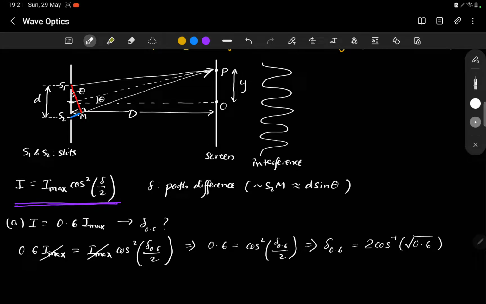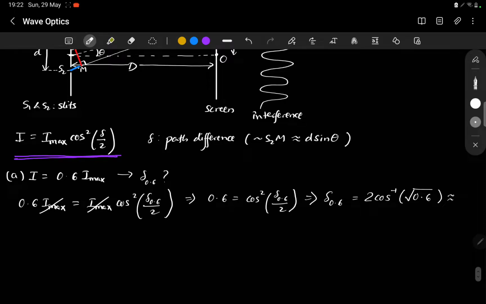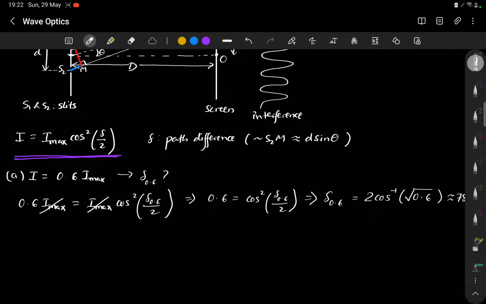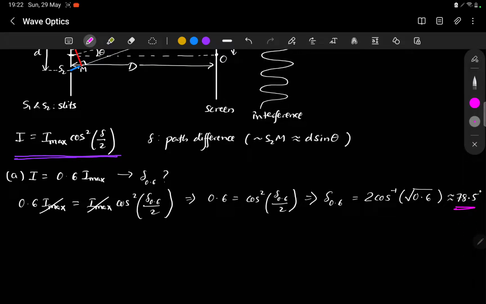So we can put this in a calculator. Plugging in these values gives us approximately 78.5 degrees. So this is the answer, and if you want to find it in radians, then we multiply it by pi and divide by 180. So in radians we will get approximately 1.37 radians.